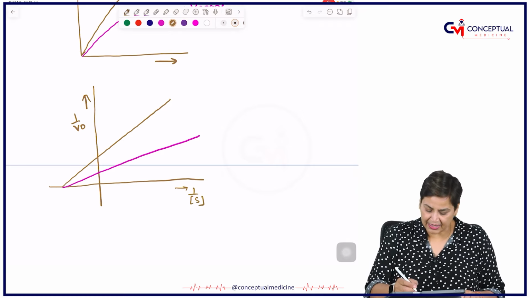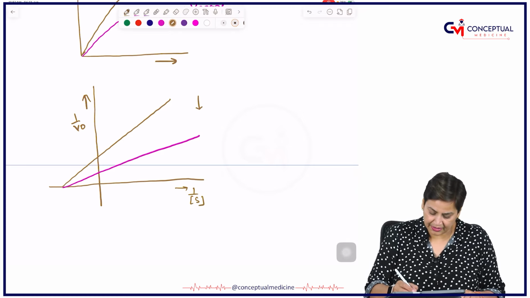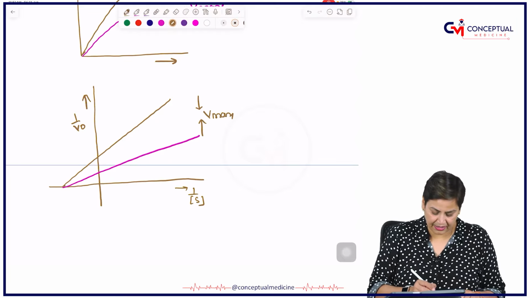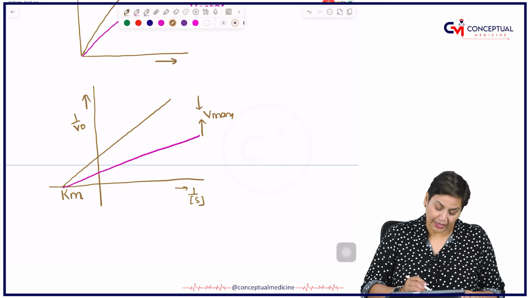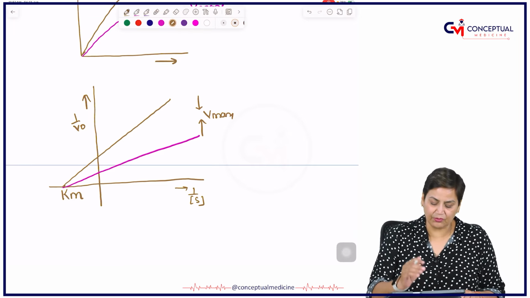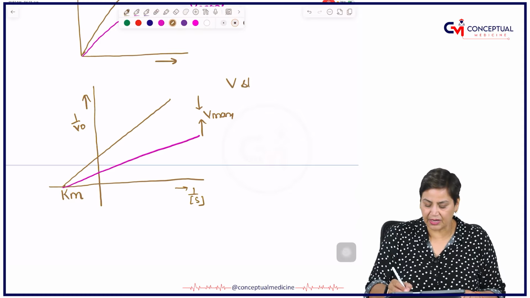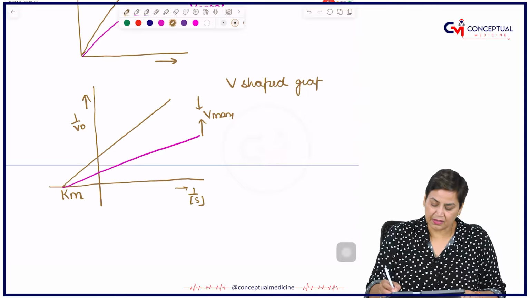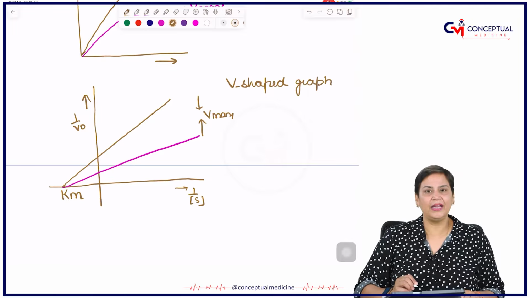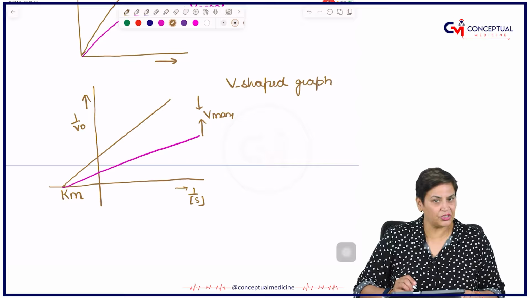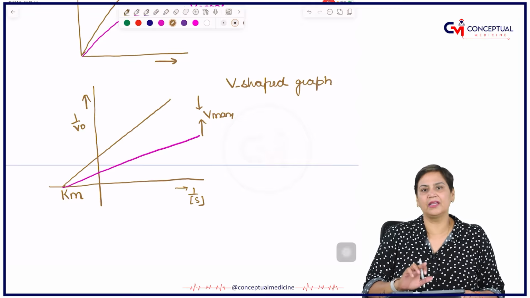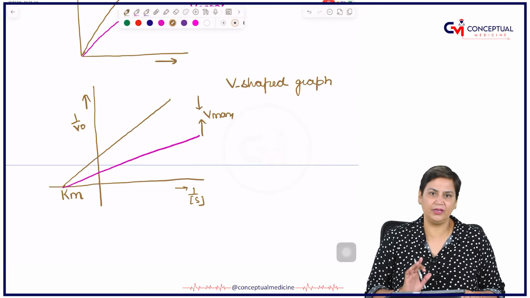So here again there will be a decrease in Vmax and this becomes Km. Or I can say this is V-shaped. So just to differentiate, a V-shaped graph is obtained in non-competitive inhibition and an X-shaped graph is obtained in competitive inhibition.